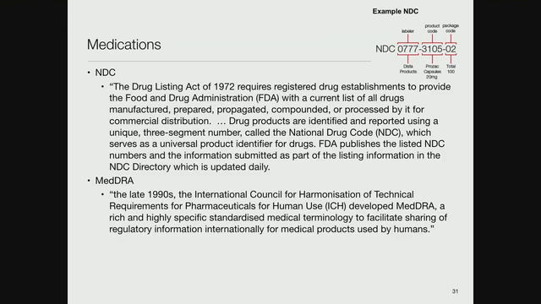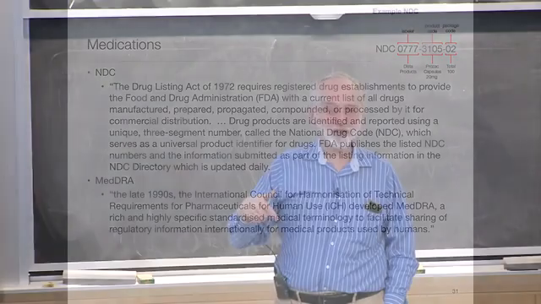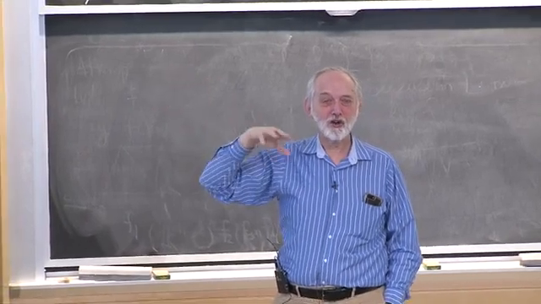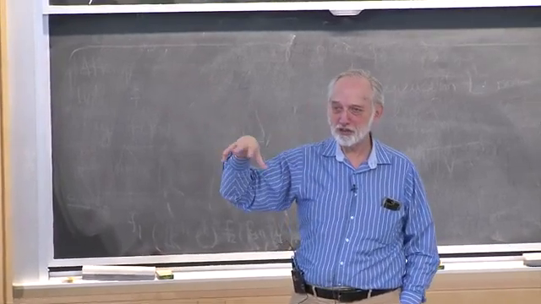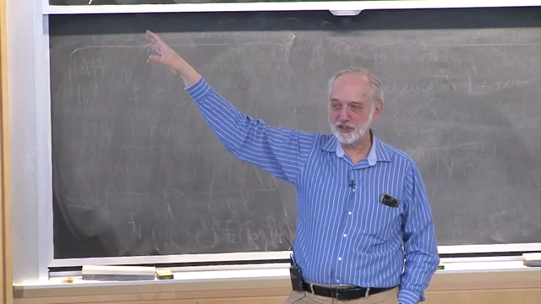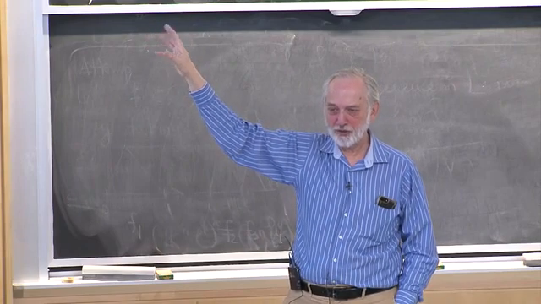The second 4-digit number is the form of the drug, so whether it's capsules or tablets or liquid or whatever, and the dose. And then the last 2 digits are a package code, which translates into the total number of doses that are in a package. Right, so this is a godsend, and all of the robotic pharmacies and so on rely on using this kind of information nowadays.